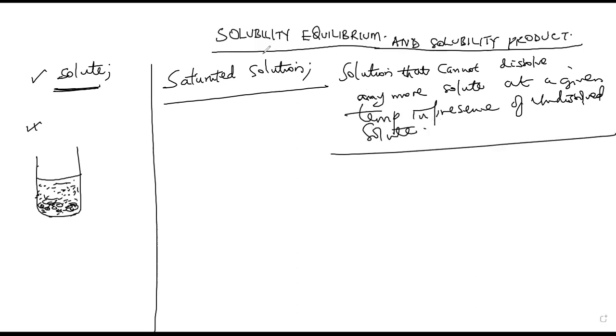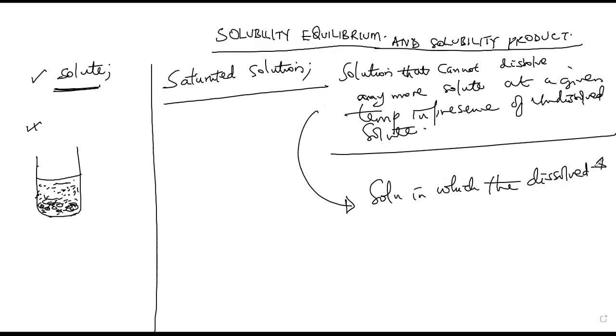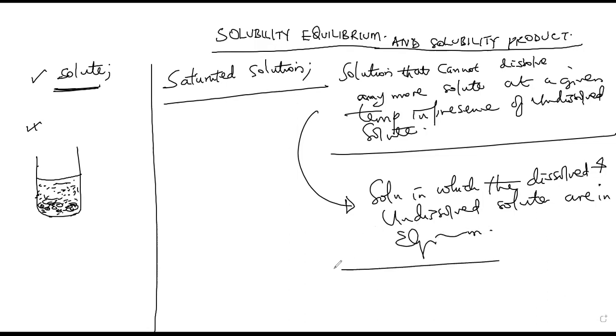But here we are talking about solubility equilibrium. So when we are to define it, in our terms of equilibrium, we are going to say it is a solution in which the dissolved and undissolved solute are in equilibrium.